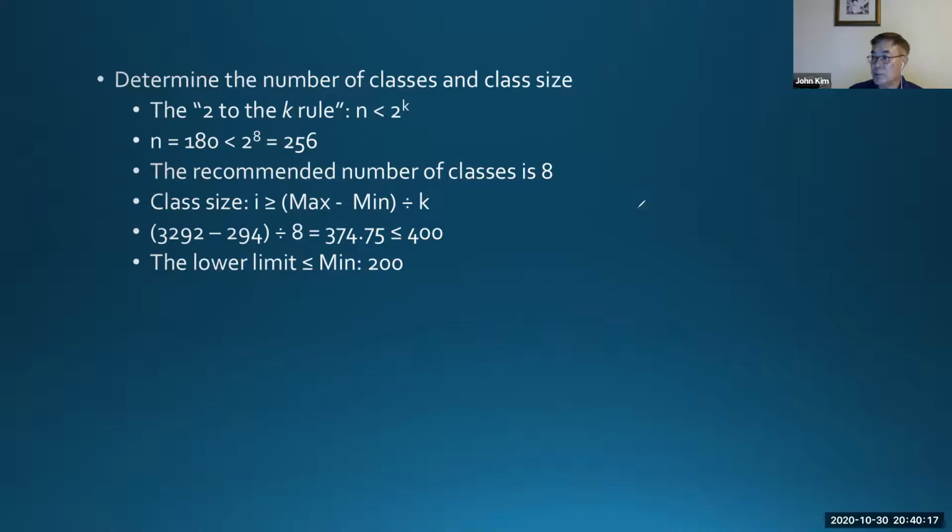2 to the k rule is, where is my cursor? Yeah. 2 to the 1 equals 2. 2 squared equals 4. 2 to the third equals 8.